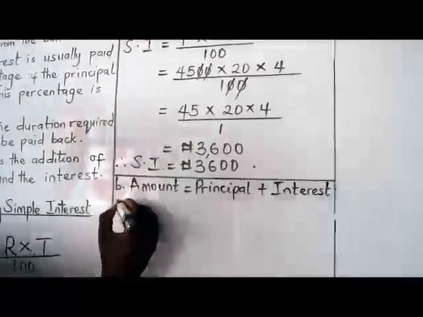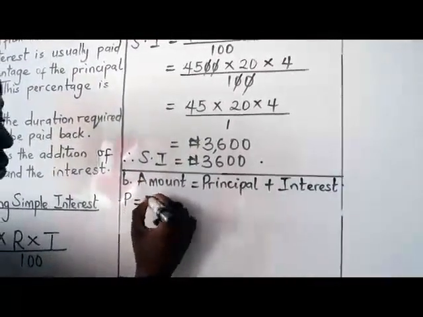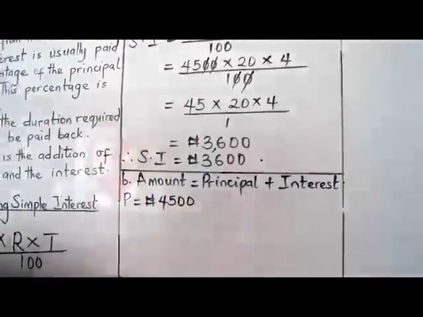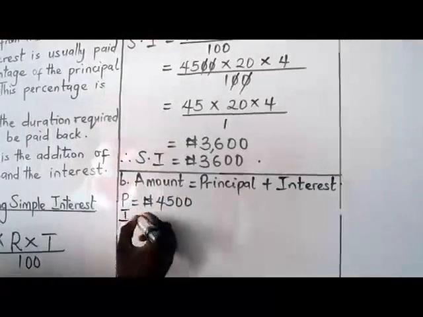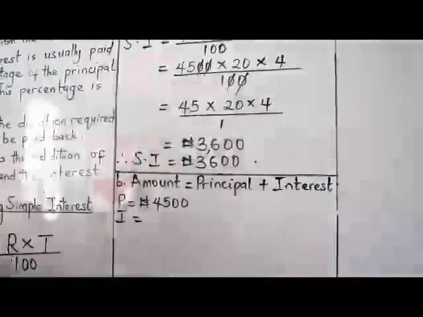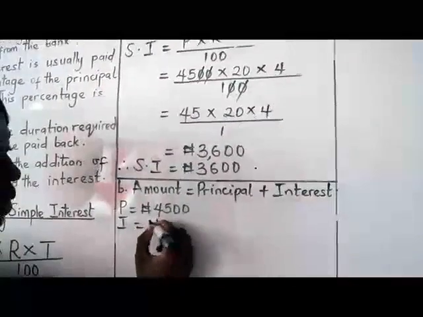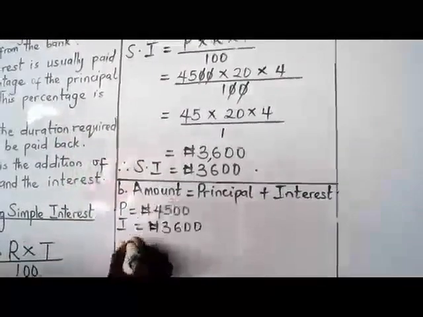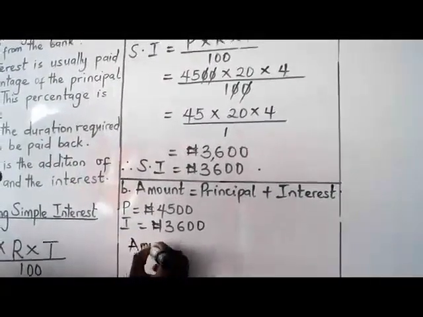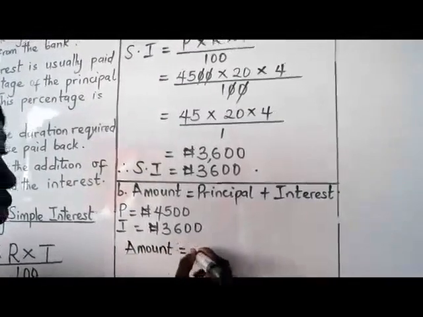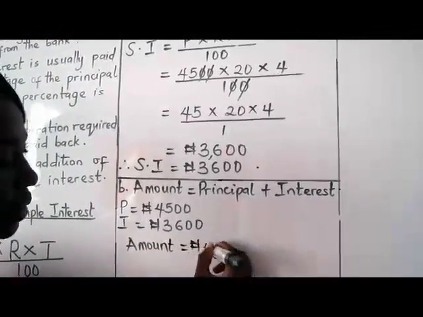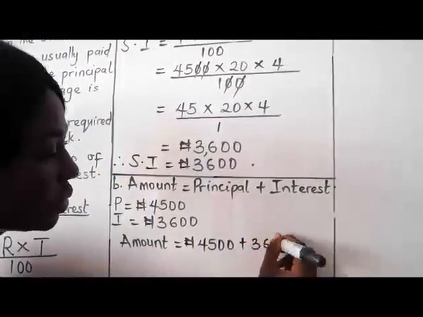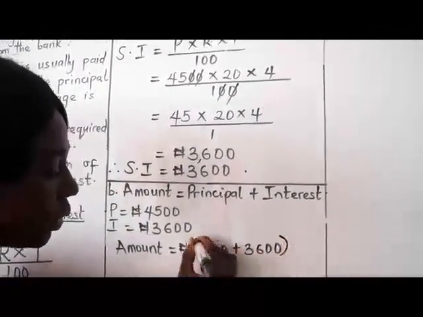Our principal is what? 4,500 naira. What is our interest? The interest is calculated in part A of the question, 3,600. So applying this formula, our amount equals 4,500 plus 3,600 naira.